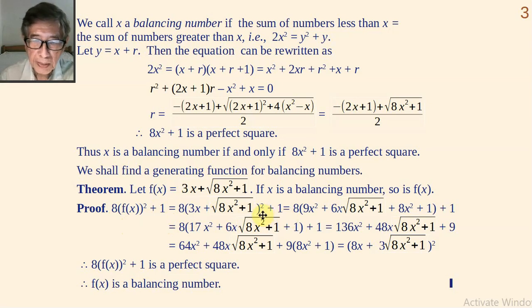If you square it, you'll find you have this. Simplifying it, you get this or this. This can be written in this form and shows that this is the square of 8x plus 3 root 8x squared plus 1.